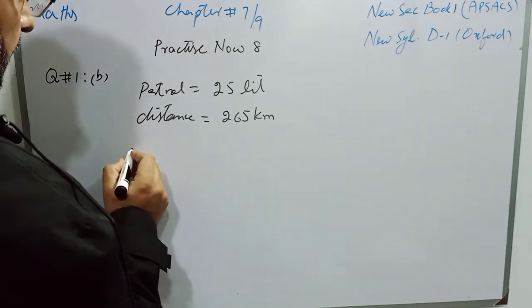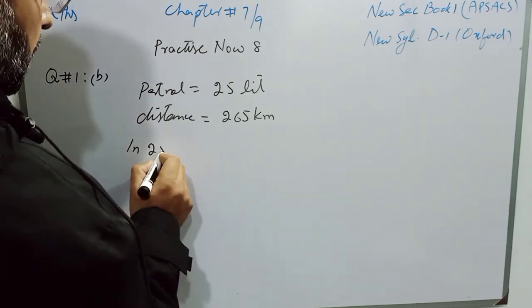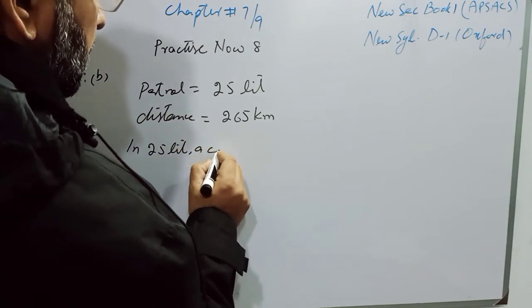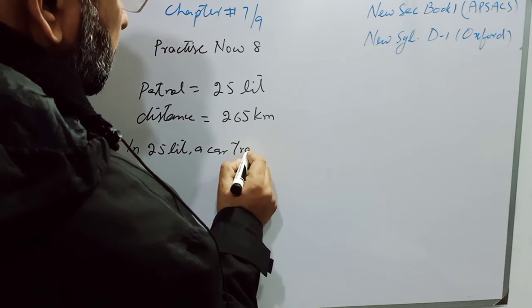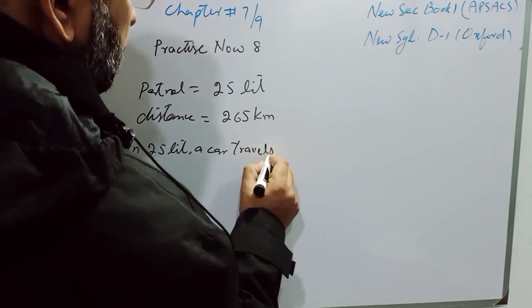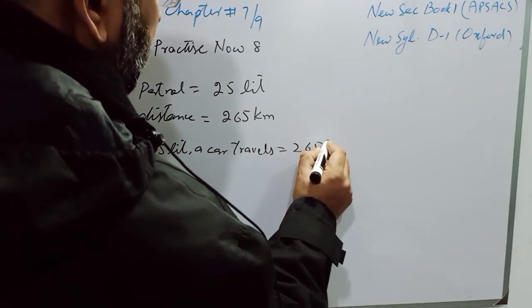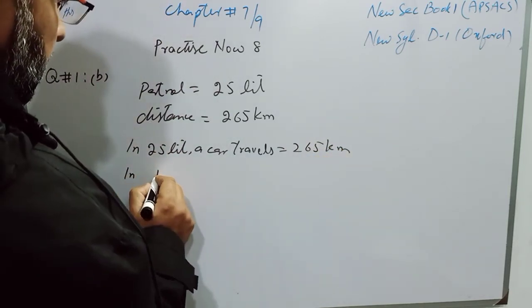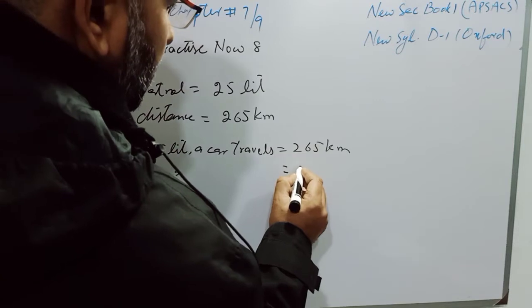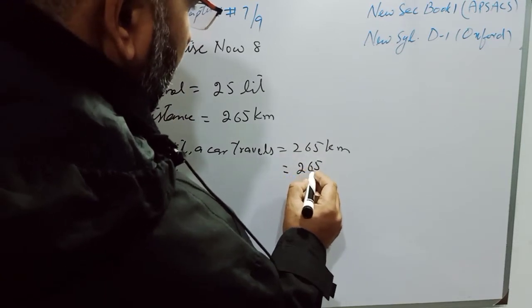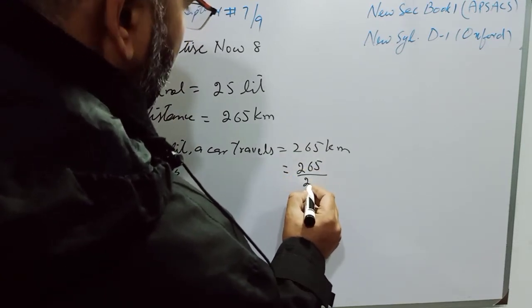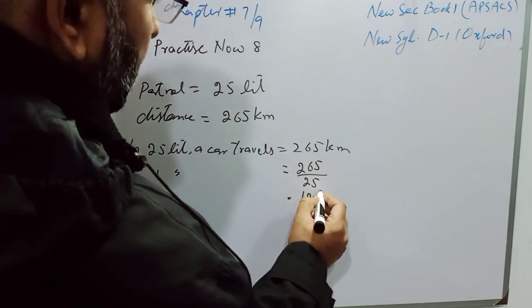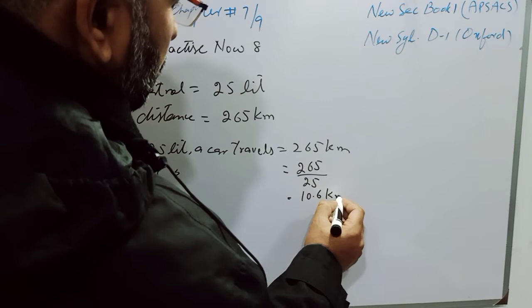So we will write: in 25 liters of petrol, a car travels 265 kilometers. So in 1 liter, a car will travel 265 over 25, and we will have 10.6 kilometers.